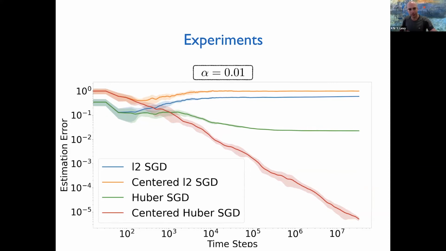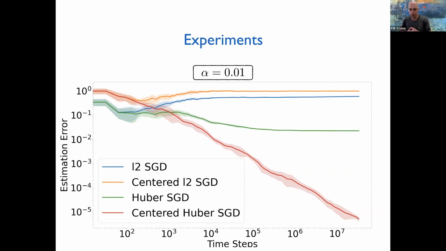The other algorithms that we tried were SGD on the square loss, SGD on the square loss plus centering the features, and SGD on the Huber loss without centering the features. What we can see from this experiment is that both of these ingredients are necessary.